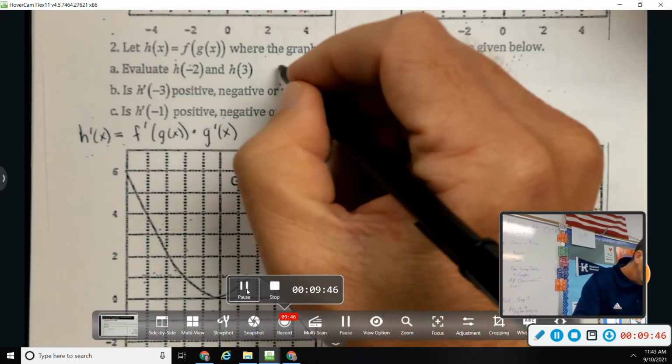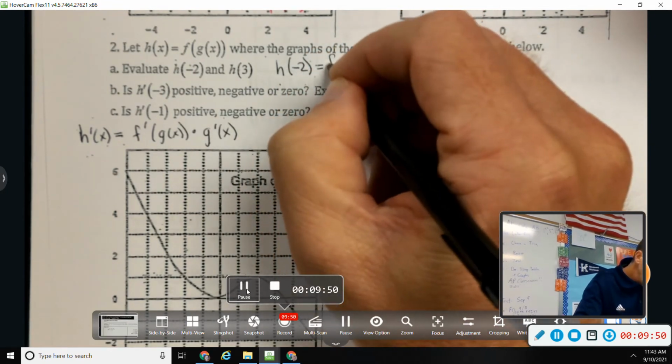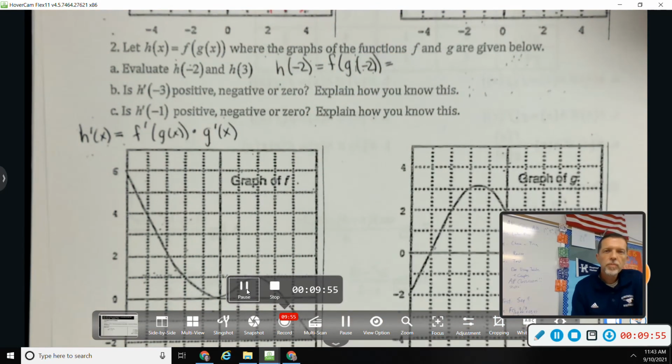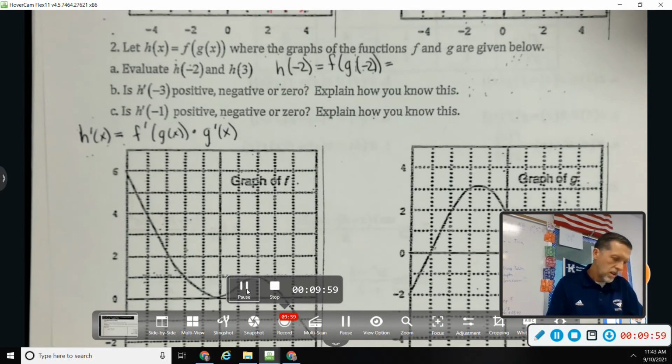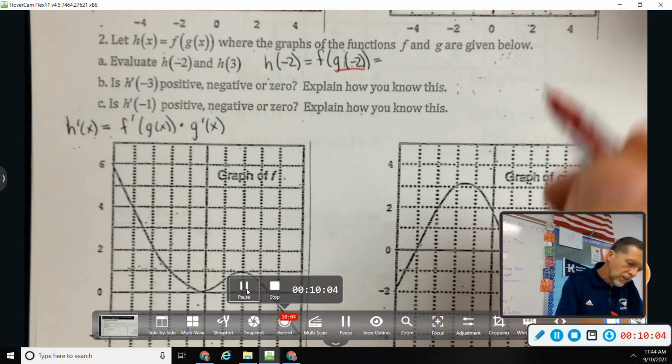But first, let's back up a second. H of -2. So that means f of g of -2. Let's see, g of negative 2. So I've got to go to the graph.